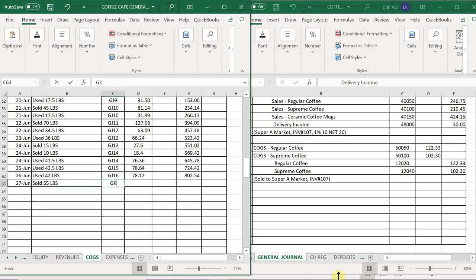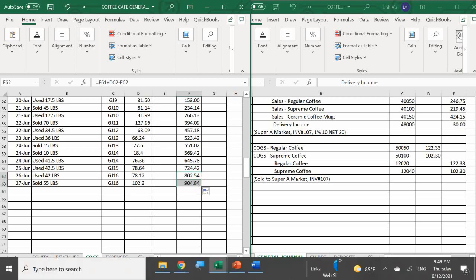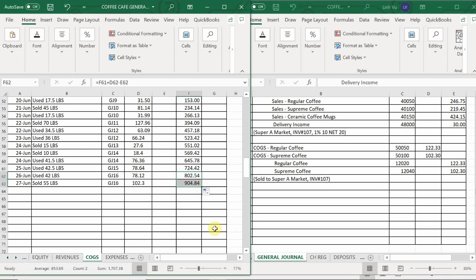And our debit amount is 102.30, for a grand total of 904.84.